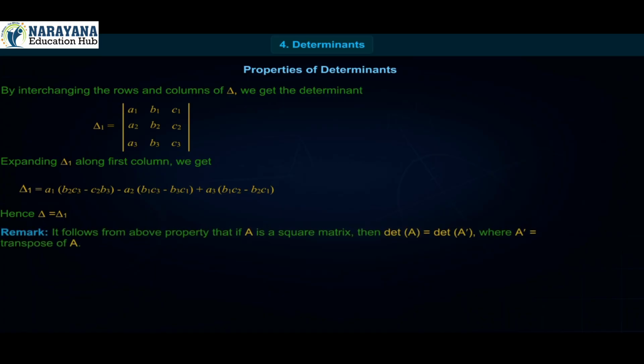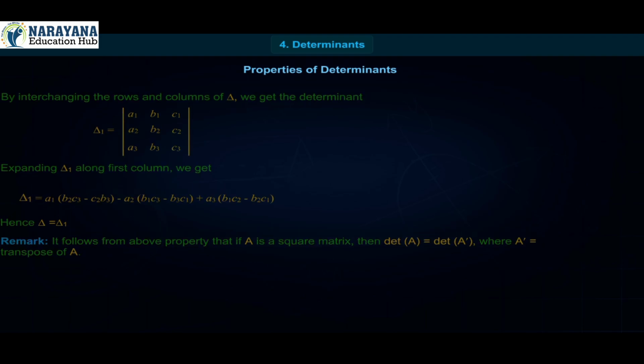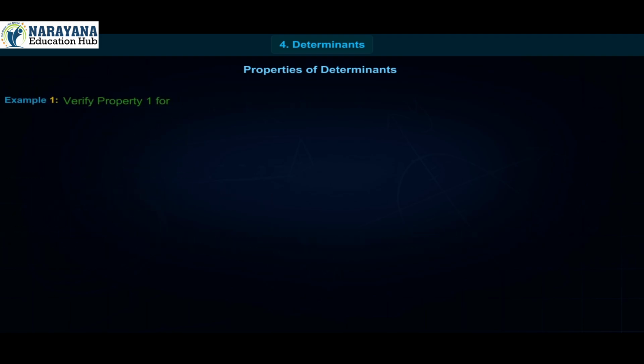Remark: it follows from the above property that if A is a square matrix, then determinant of A is equal to determinant of A dash, where A dash is equal to transpose of A. Example 1. Verify property 1 for delta is equal to determinant [2, -3, 5; 6, 0, 4; 1, 5, -7].